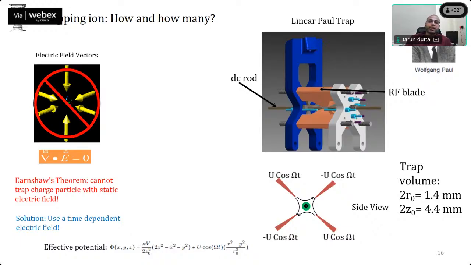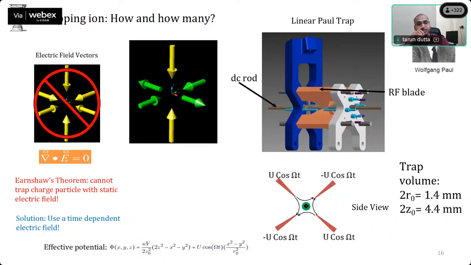Then, on the right side, you see the picture of the scientist Wolfgang Paul, who came up with an idea. In order to trap a charged particle in space, you need both RF and static potentials, meaning both an alternating potential and a DC potential.